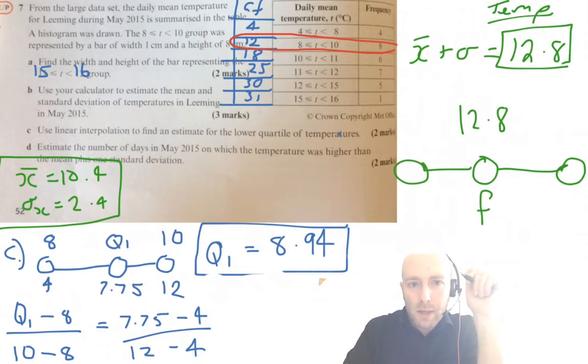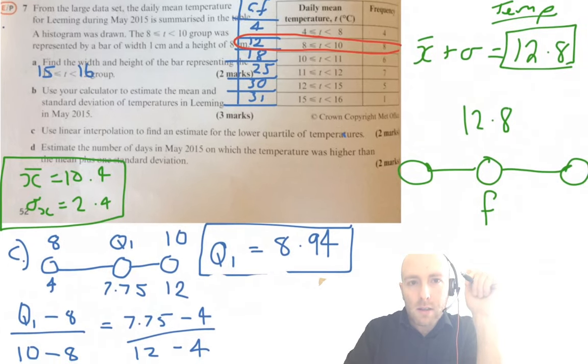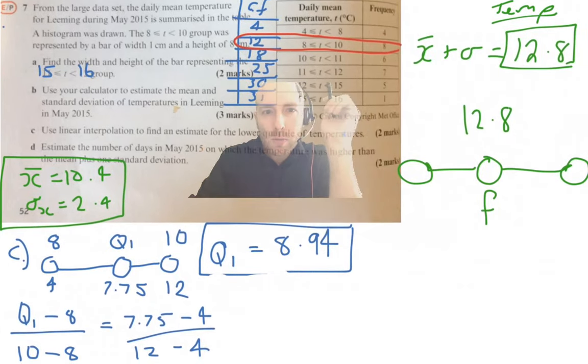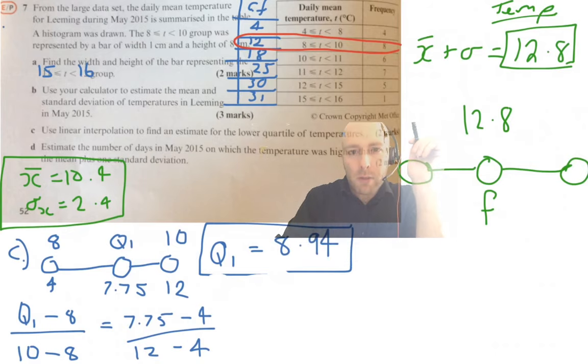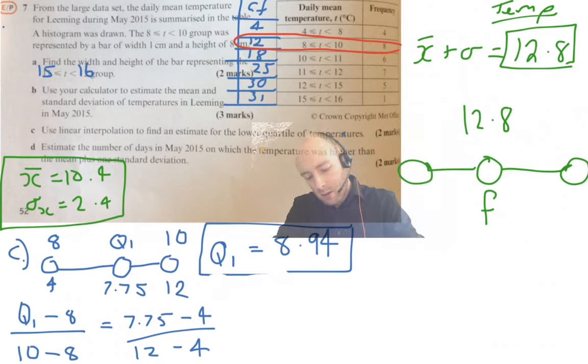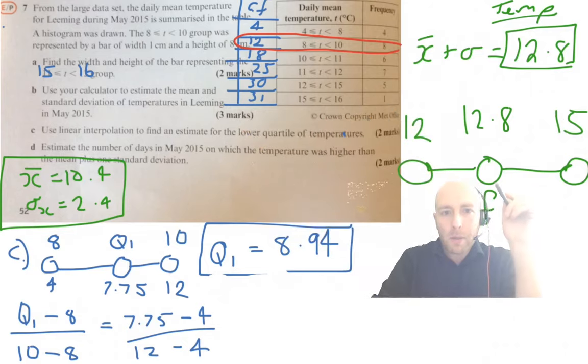Okay, so where is 12.8 on a graph? If we look at our table, 12.8 degrees is bang in the middle here, between 12 and 15. So in this boundary, we know that 12 is our lower and 15 is our upper. And then we can put in the frequencies that we know.